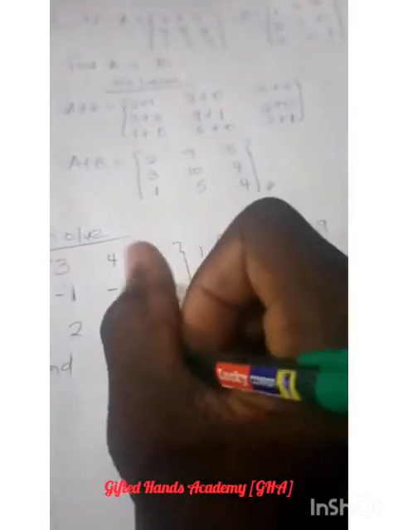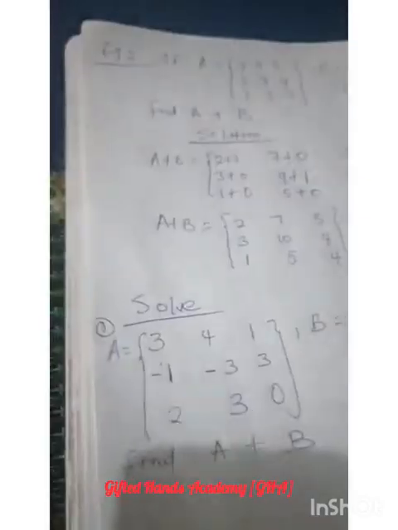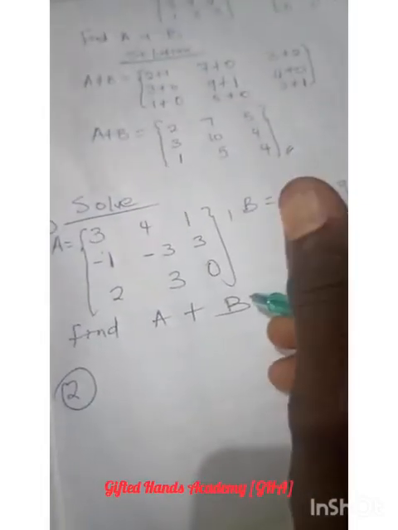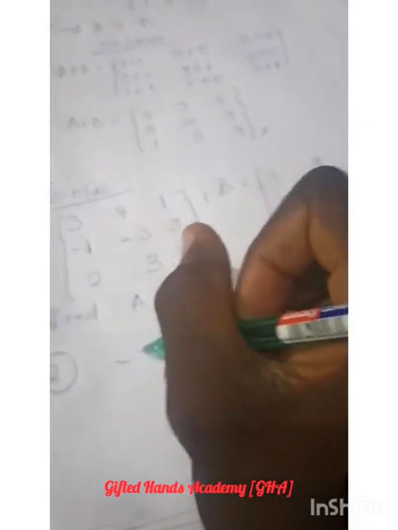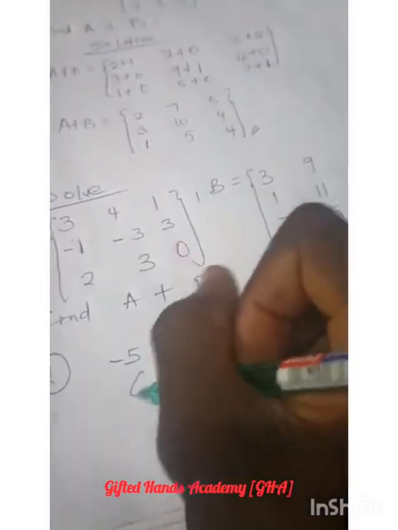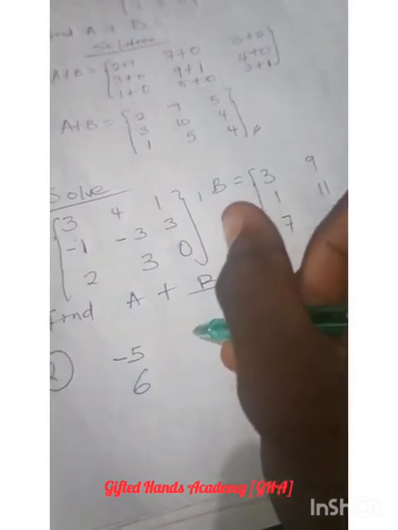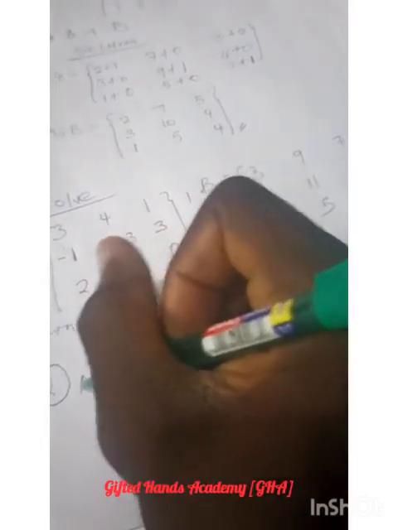So you are going to find A plus B. This is for number 1. Then for number 2, we have minus 5, 6, 2, 1 for matrix A. Are we together?